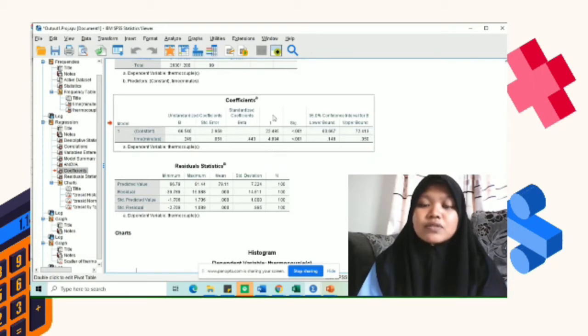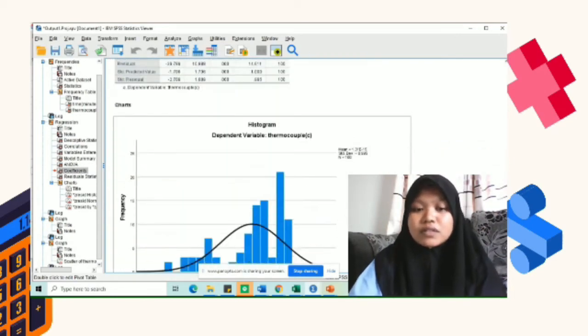Next, we also can know the t-test for each of beta naught and beta 1, and here is the estimation for the interval of a graph for alpha equal to 0.05 since the confidence interval is 95%.